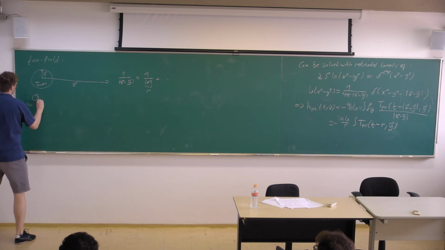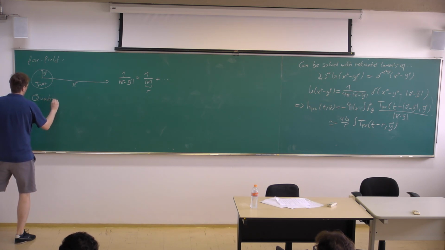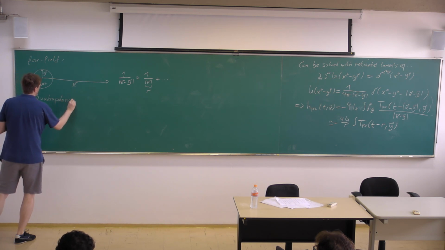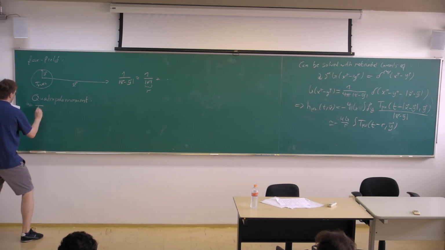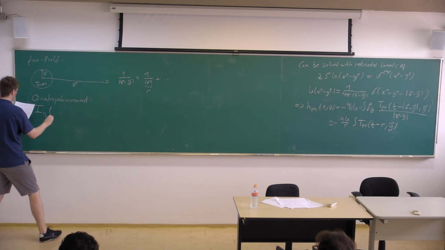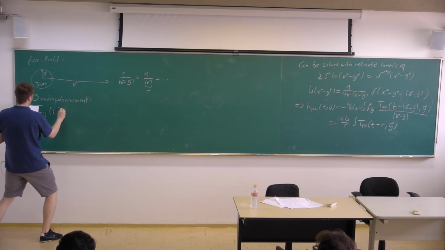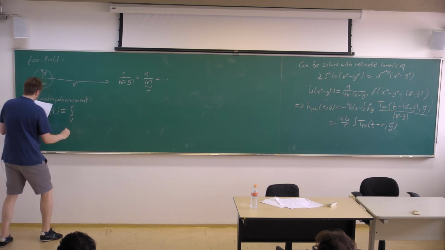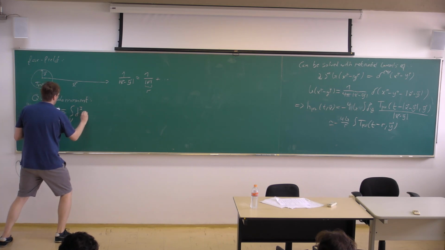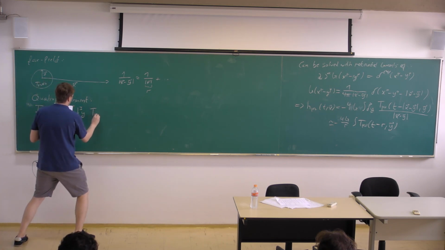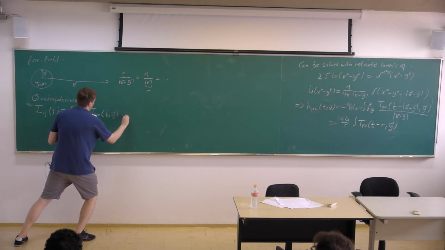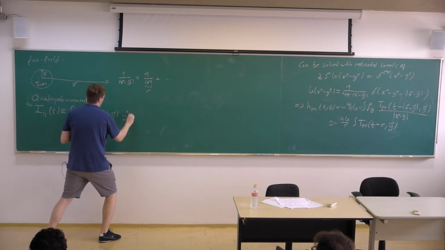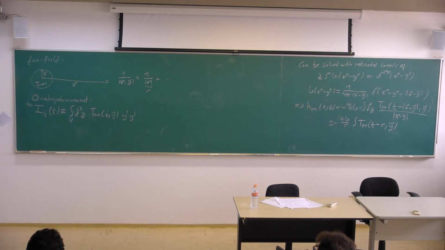The quadrupole moment is given by the integral over the 0-0 component of the energy momentum tensor, times y^i y^j.